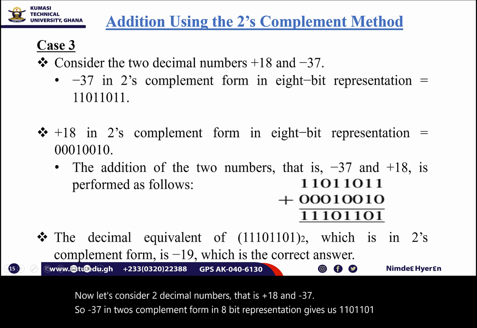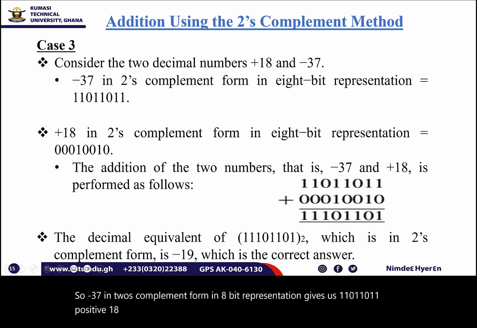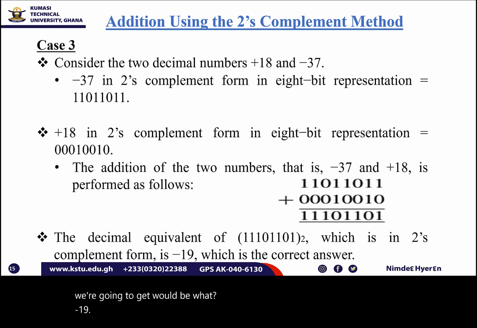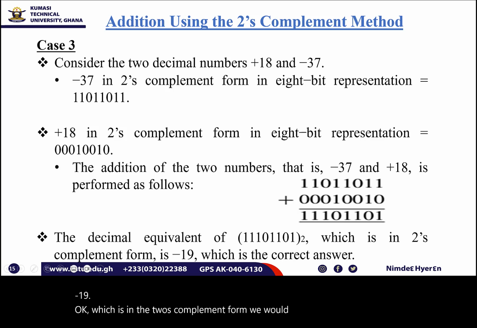Positive 18 gives us 0, 0, 0, 1, 0, 0, 1, 0. Now, if we do this addition here, the answer we are going to get would be what? Negative 19, which is in the 2's complement form, which is the correct answer.